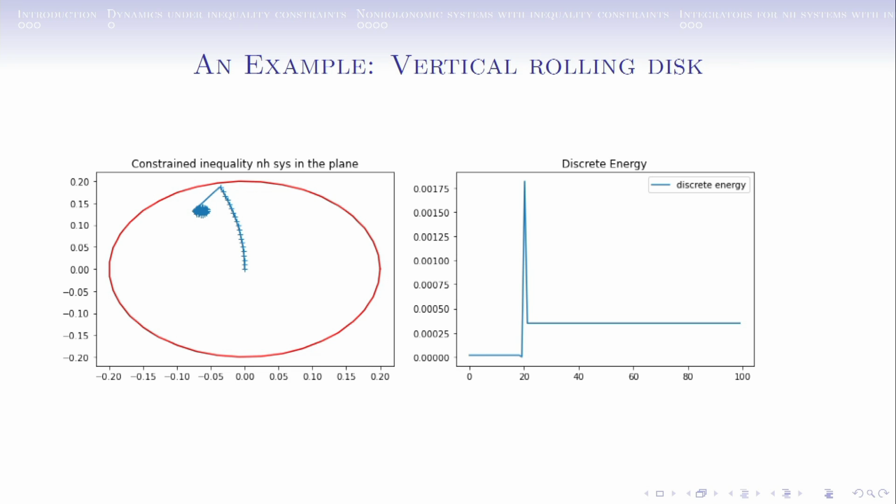More questions? Yes, I had two comments. One is that this type of constraints were called initially impulsive constraints, and then they were called unilateral constraints for obvious reasons. Then you use inequality constraints, and now these are the hybrid systems.